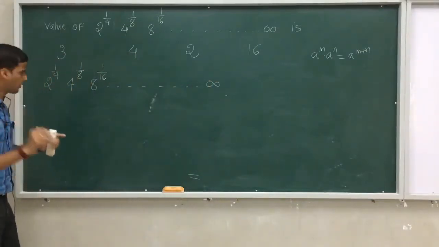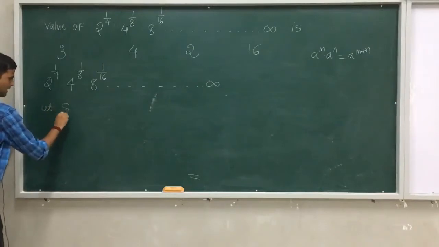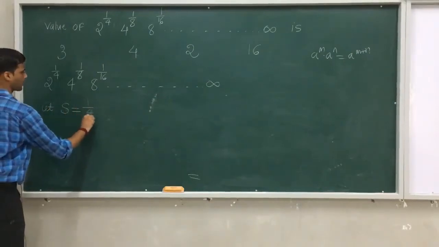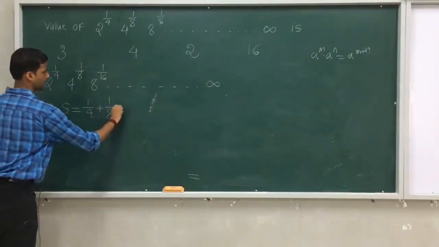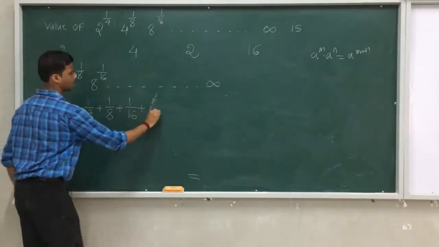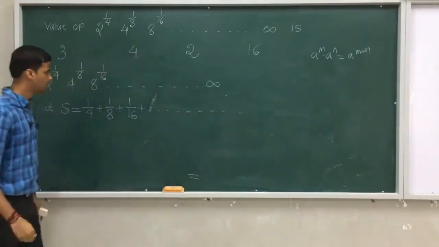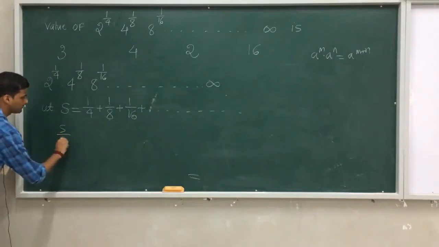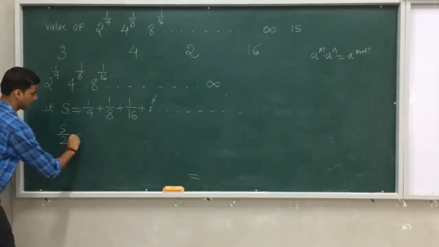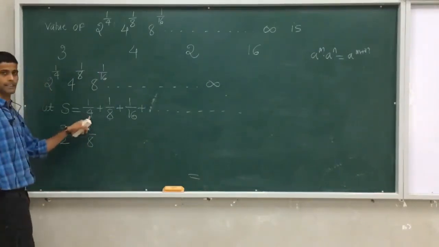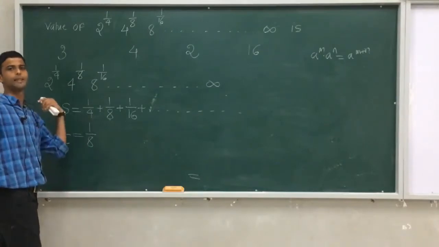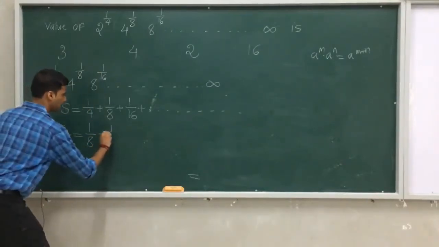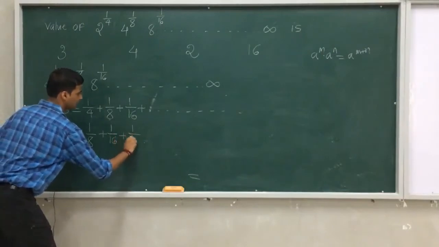Now let s equal 1/4, 1/8, 1/16. Now I'll write s by 2. So s by 2 means it is 1/8, because I just divide by 2, or you can say multiply by 1/2. So 1/16, 1/32.